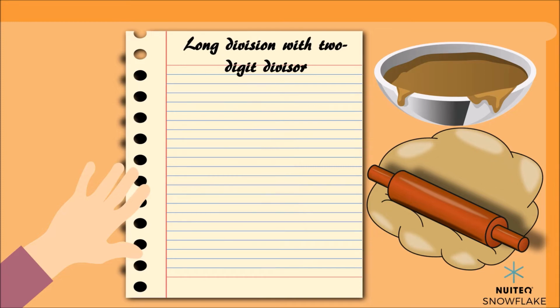Now let's practice division. Divide 5,568 by 16. It is good that you review the multiplication table of 16. First, 16 goes into 5 0 times, so we look at 55. How many times does 16 go into 55? It goes 3 times. 3 times 16 is 48.